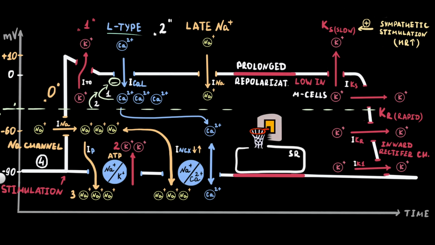During prolonged repolarization, a level of intracellular calcium in subsarcolemmal space declines by uptake by sarcoplasmic reticulum and by extrusion from the cell by sodium calcium exchanger work. As a result, calcium-dependent mechanism of calcium channel inactivation is suppressed. That allows the L-type calcium channel to stay open for a longer period of time.